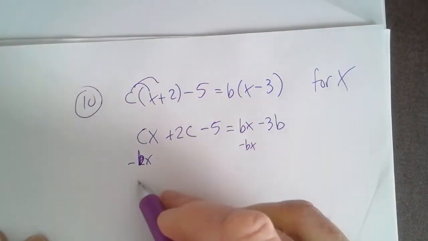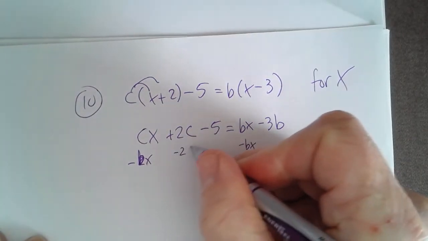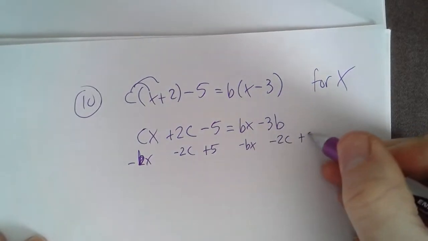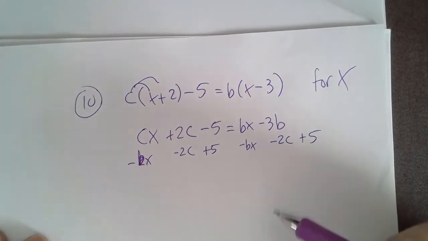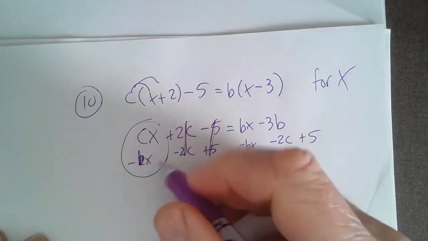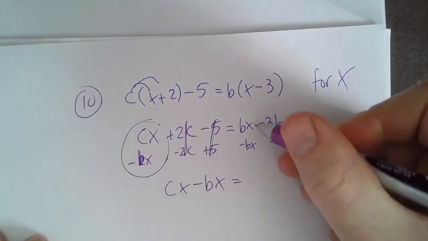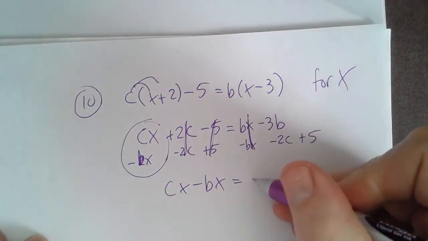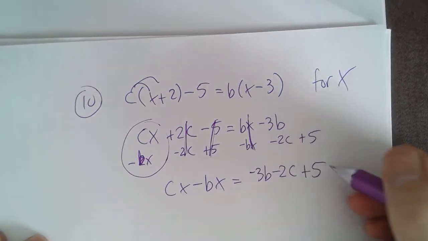And then I'm going to subtract over 2c and add over 5. Okay, so this is a little bit confusing here, isn't it? That cancels out, that cancels out. Those don't; those kind of go together. cx minus bx is equal to minus 3b minus 2c plus 5.